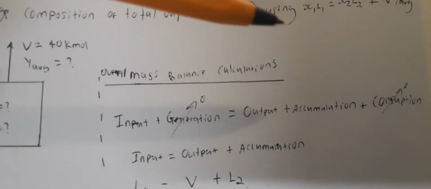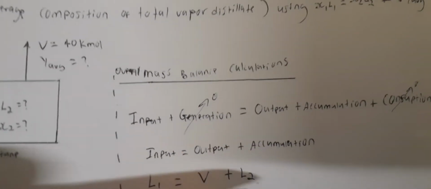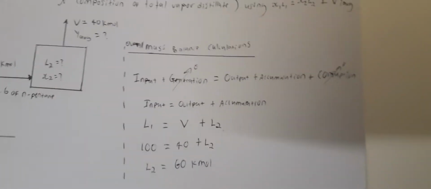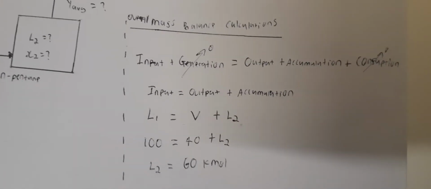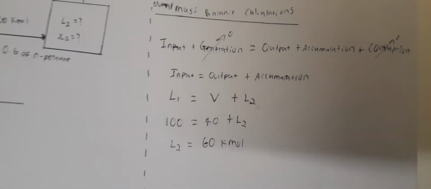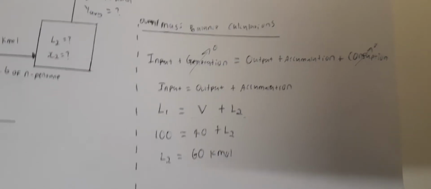Output is the output. Accumulation is the liquid which has been accumulated, as it will end up being L2. Generally, when you solve problems, you usually don't have accumulation, but batch systems, which are not steady state, always have accumulation. And consumption is for reaction processes. This is where you put the reactants which are being consumed.